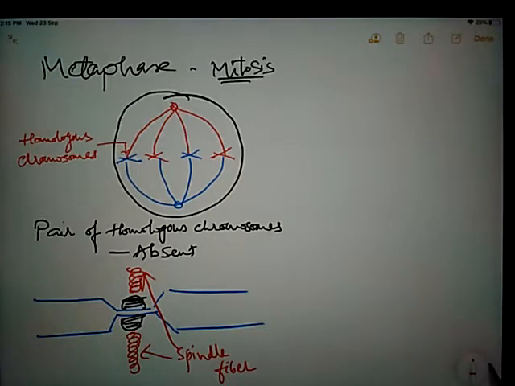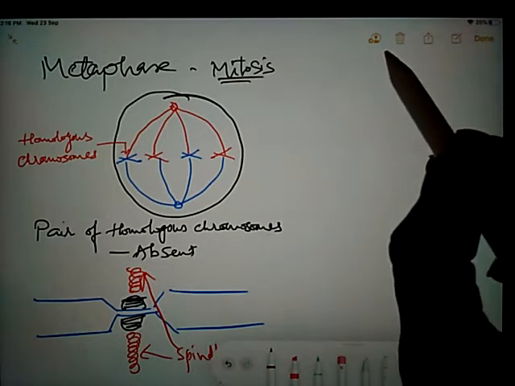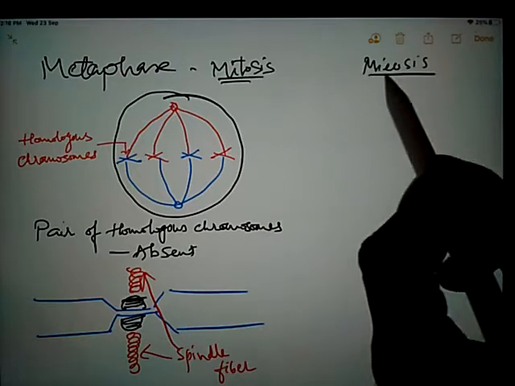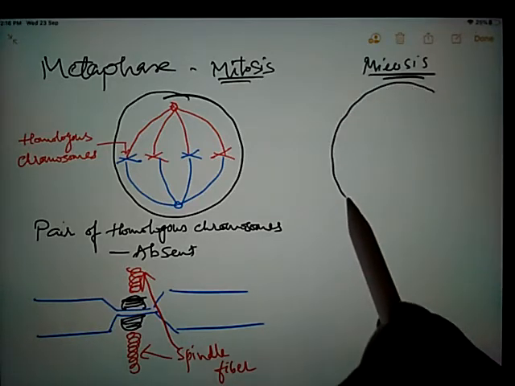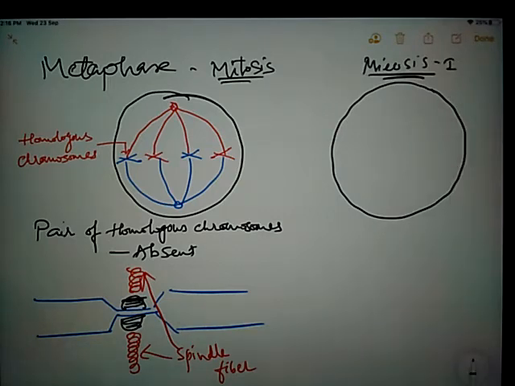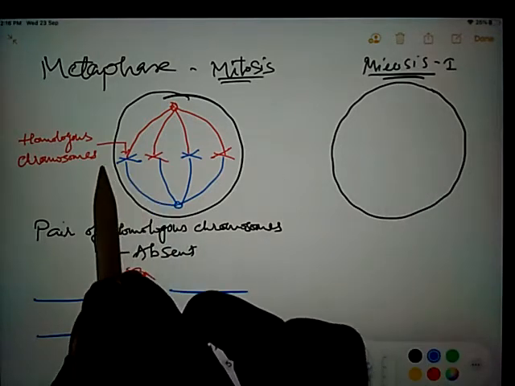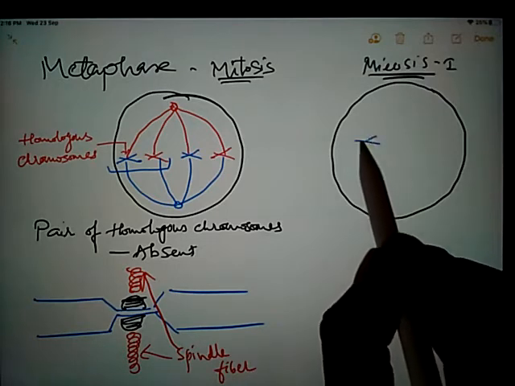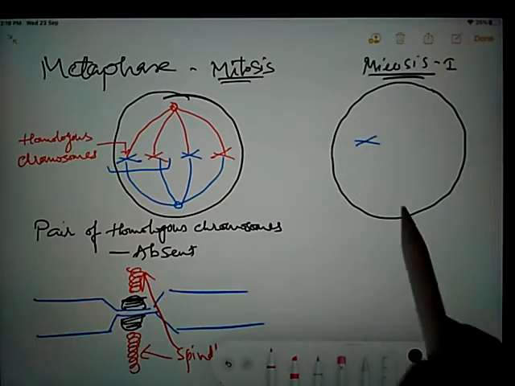Now if I talk about meiosis 1, what we are about to look at, we have a pair of chromosomes arranged in this pattern.